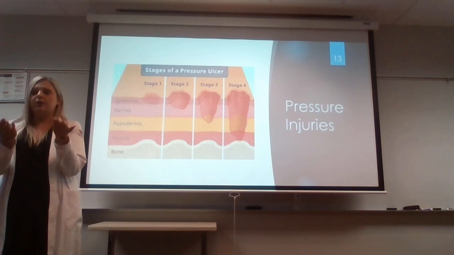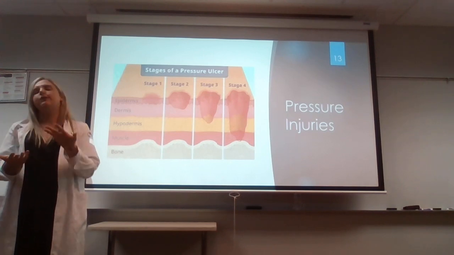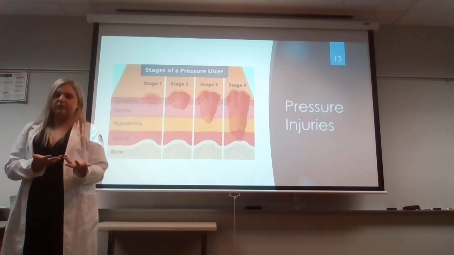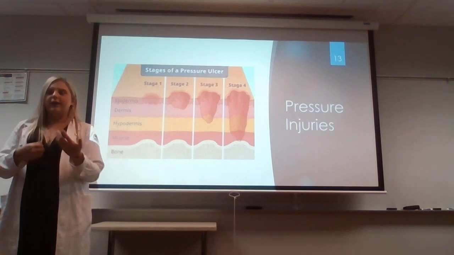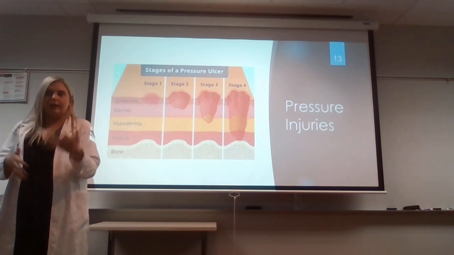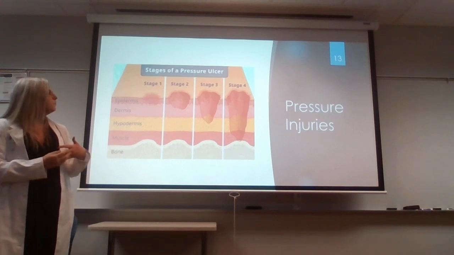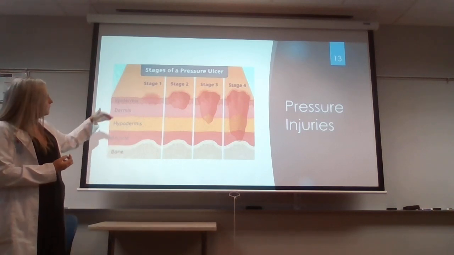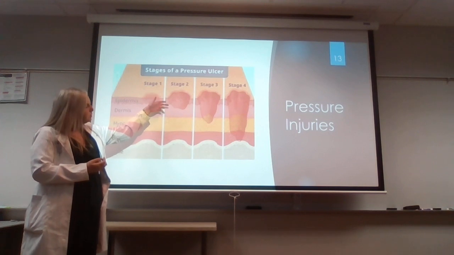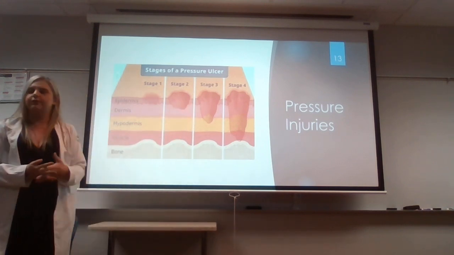Another thing you have to think about with your elderly is they have incontinence issues. Whenever you have urine down there, it puts you at more of a risk to develop something. With these two right here, this is where you get to stage three, where you get to the fat layer.